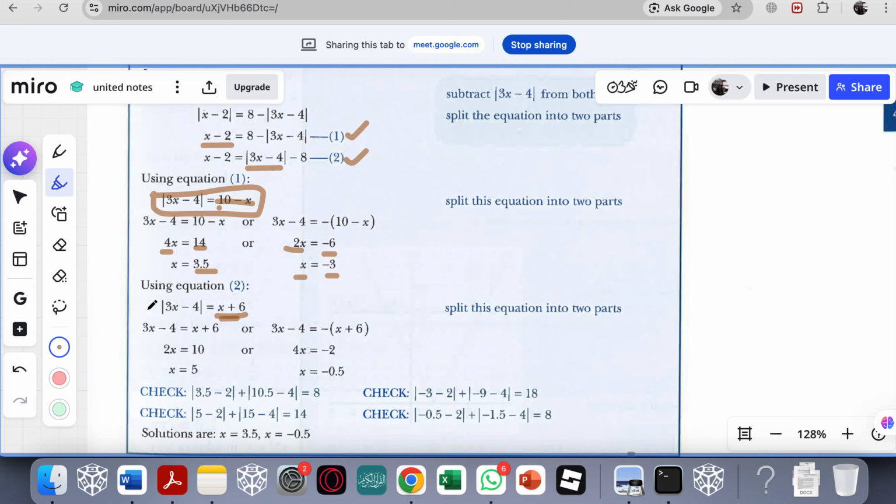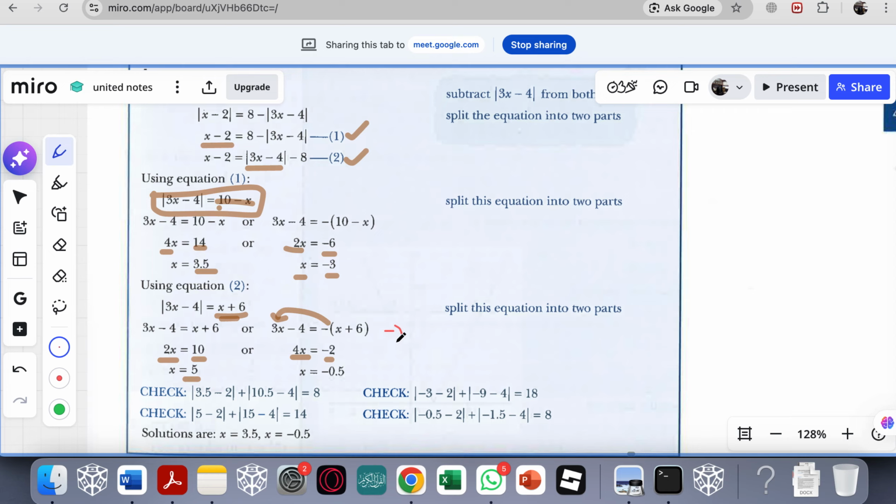For the second one, you say 3x minus 4 equal to, so you bring minus x to the left. Sorry, this one is minus 4 on the left. When it comes to the right, it's going to be plus. So negative 6 plus 4, you get negative 2. Negative 6 because of this minus.